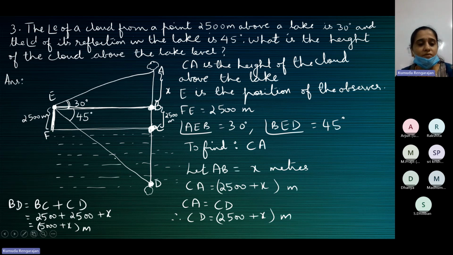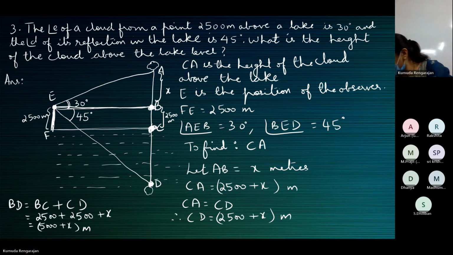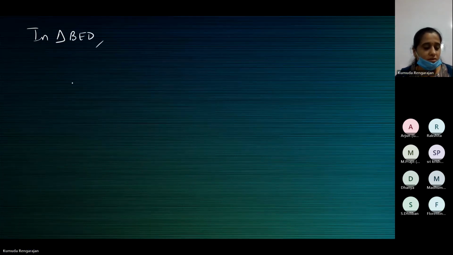All right. Now let's take up the triangles. The triangle in which we have 45 degrees: in triangle BED, tan 45 is equal to the opposite side, children, which is BD, over the adjacent, which is BE.